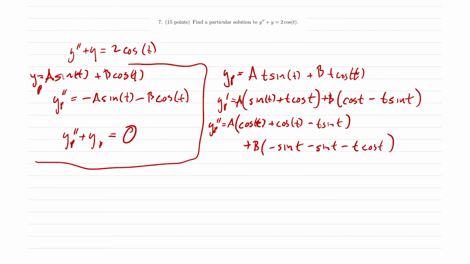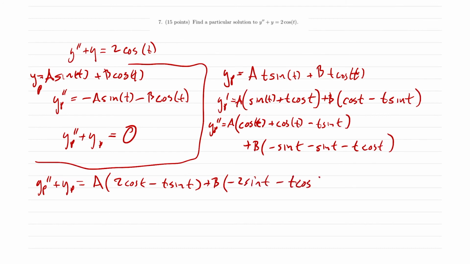Okay, so now we're going to take y sub p double prime and add it to y sub p, and hopefully that'll leave us with some coefficients to play with. So let's see, we get a times cosine of t twice, so let's just put 2 cosine of t, 2 cosine of t minus t sine of t, and then I get plus b, where I have minus 2 sine of t, and we get minus t cosine of t.